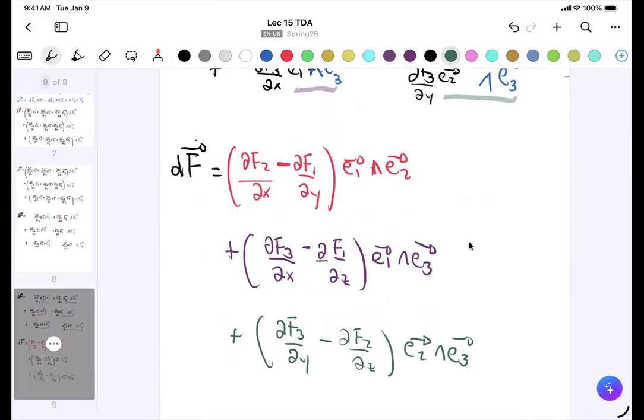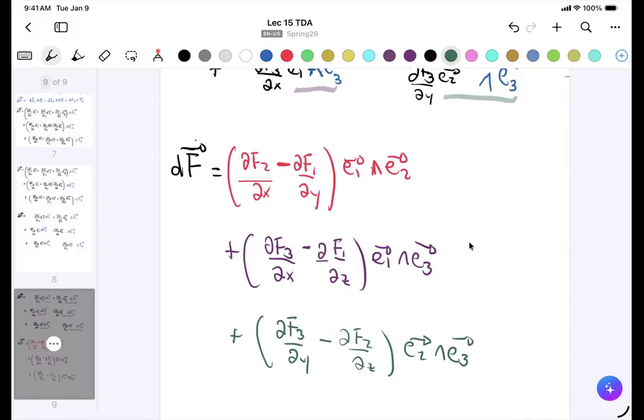Is that okay? Is that making sense? Does anyone recognize this interesting combination of partial derivatives? What is that? Curl. If you go through the definitions of the curl, you end up finding these, up to a sign. It could be plus or minus, you do have to do the matching properly. But those are basically the combinations of partial derivatives that appear when you do the curl of a vector field.